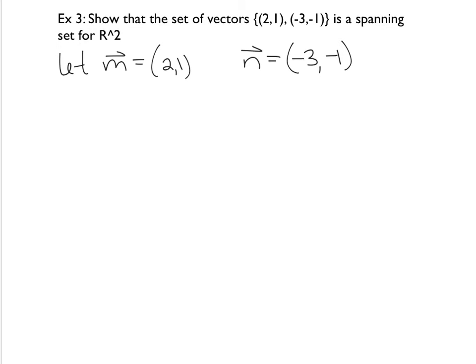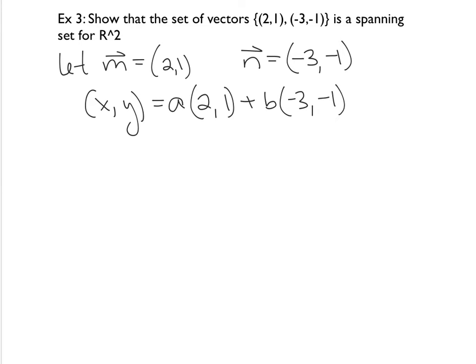Now let's set up our linear combination. So (x, y) is equal to a (2, 1). I'm just going to skip that first step. Plus b (-3, -1).